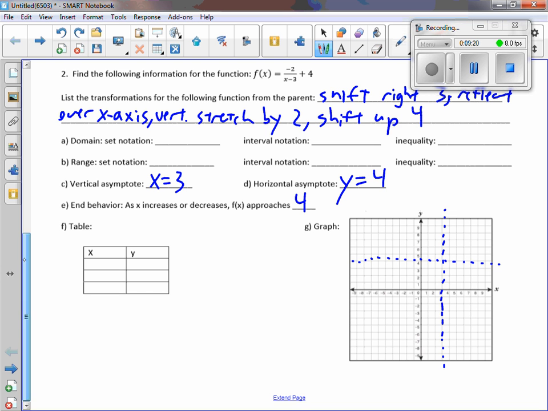For the table, we could just graph this in the calculator, and that will give us our XY table. And again, this is so we could determine which points go in which sections of the graph. And if you give me 1 second here just to confirm my math.